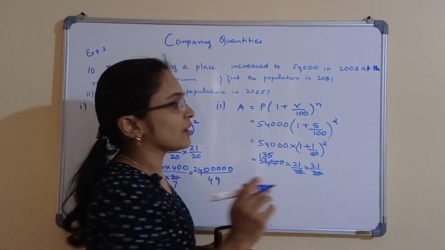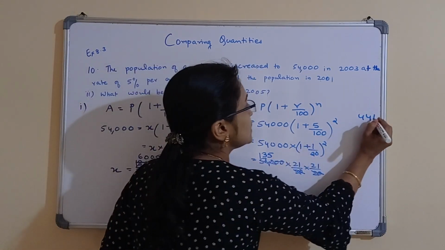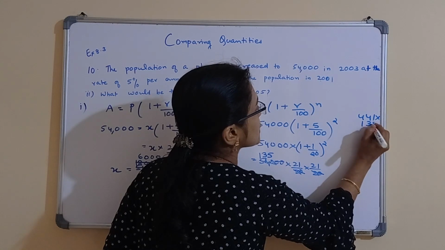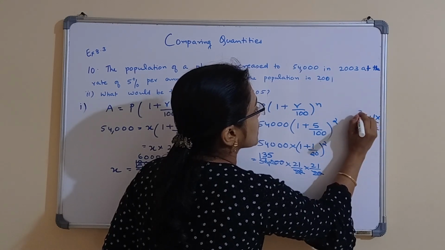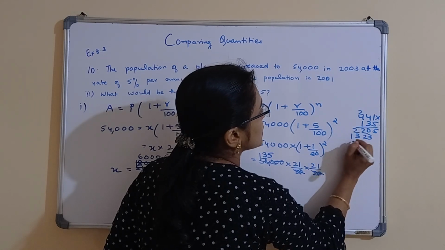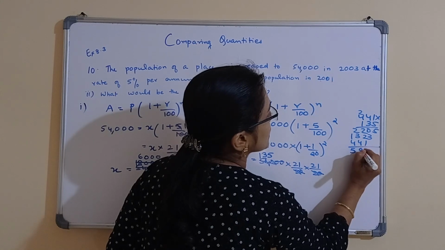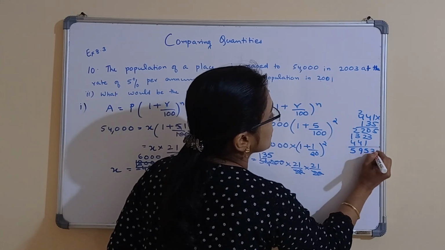So 135. Now 21 into 21 is 441, 441 into 135 is 520, then 3, 12, 13, 4, 4, 1. So 5, 9, 5, 3, 5.